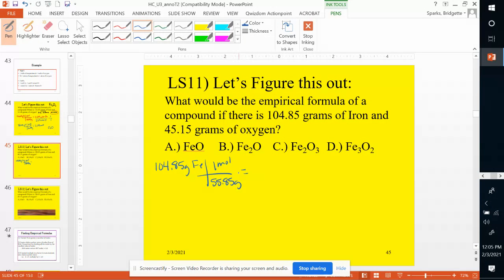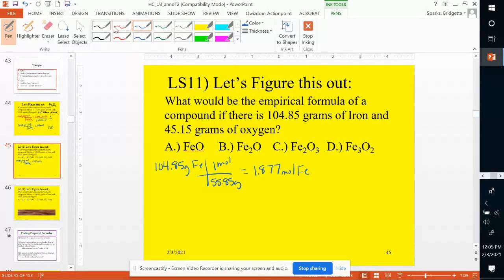And we're going to take that value and compare it to the moles of oxygen. And so we have 1.877 moles of iron.